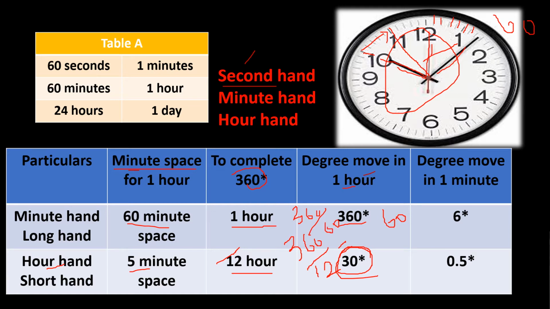So the minute hand will move 6 degrees per minute. For the short hand, we know it moves 30 degrees in an hour, and there are 60 minutes in 1 hour, so 30 degrees divided by 60 gives you 0.5 degrees. So for each minute, the hour hand will move 0.5 degrees. That is all for this particular table.